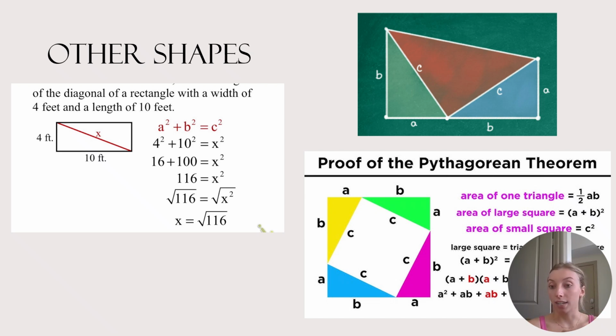Since, like I said, it's a very satisfying theorem, instead of putting squares on the outside of all the sides of the triangle, we can kind of reverse it, and we can put triangles on the outside sides of the square. And then we can easily identify our legs, and then obviously all the inner corners of the square will be labeled C. So then we can find out how big a square is based on triangles in this theorem.